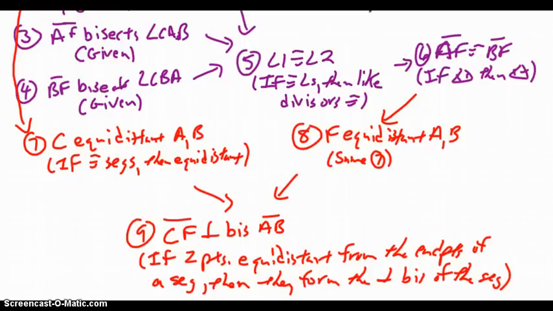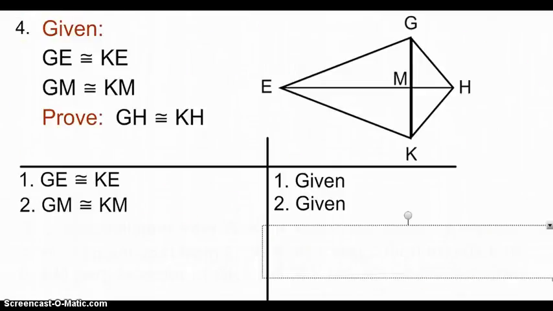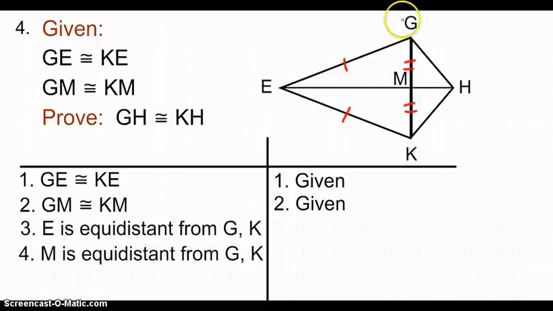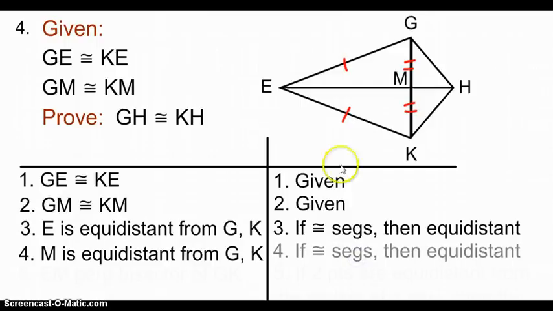Moving on to the next proof. Here we have our given statements. GE is congruent to KE. We also know that GM is congruent to KM. So we can now say that E and M are equidistant from K and G. Okay? And that would be if congruent segments, then they are equidistant.